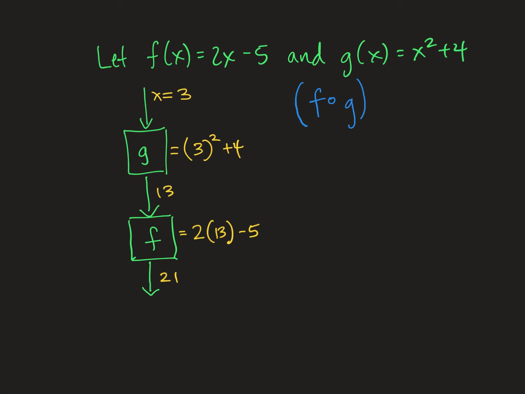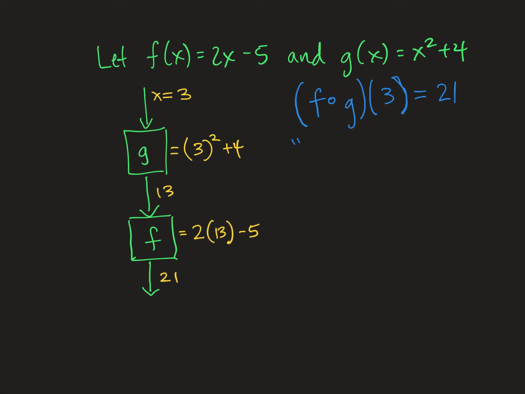I'm going to close those parentheses, open up a new parenthesis, and my input initially was 3. So close the parentheses. What I'm looking at is f following g of 3 equals my output 21.